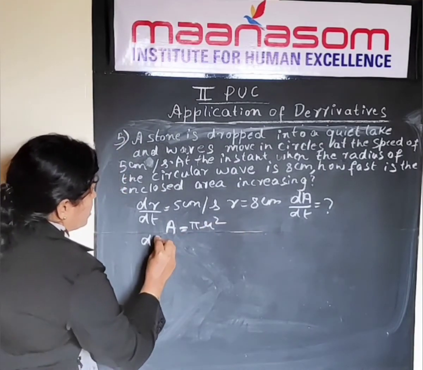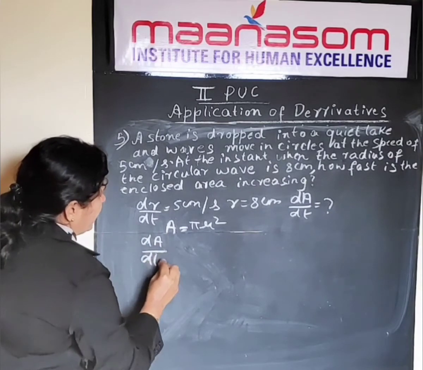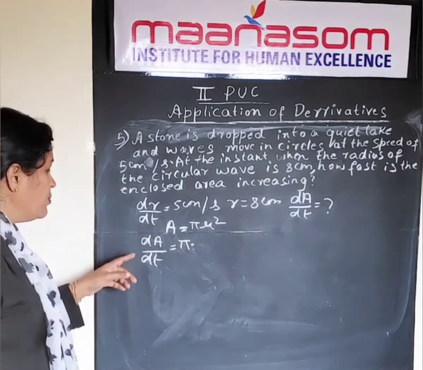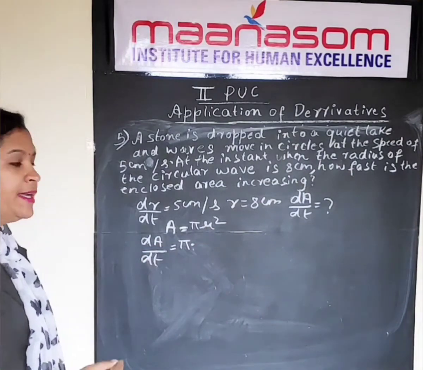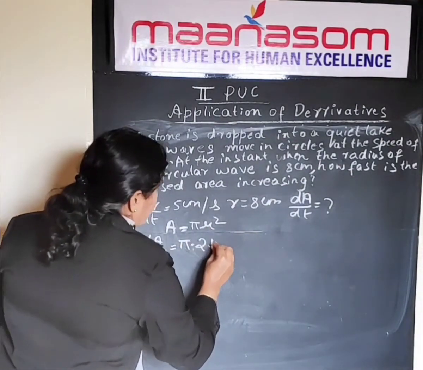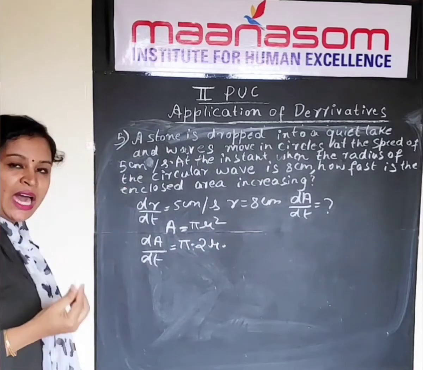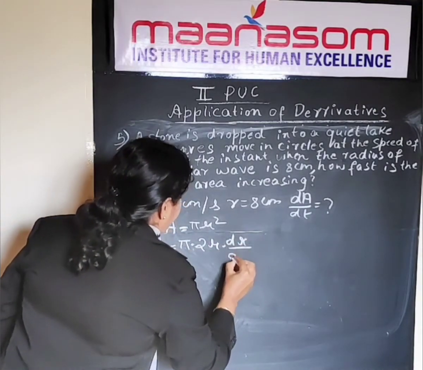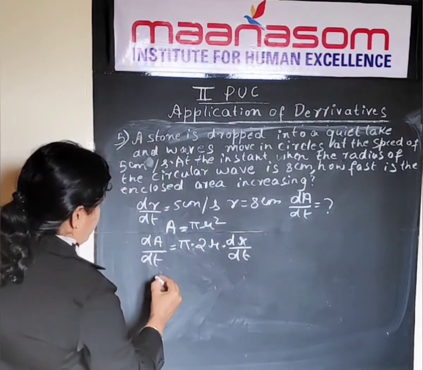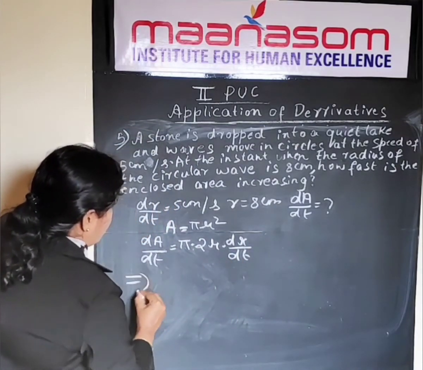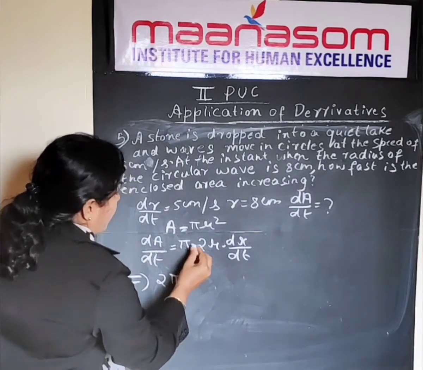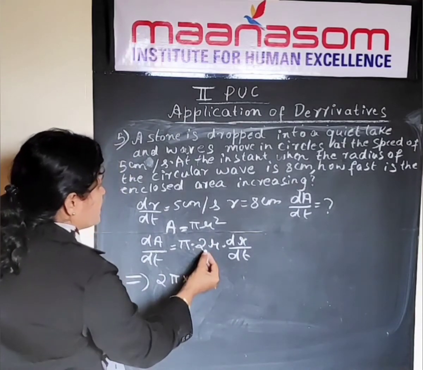Now we have to differentiate this. That is dA by dt will be equal to pi into, what is d by dt of r square? It is 2r into, when we differentiate r again, we get dr by dt. So this will be equal to 2 pi into what is our r?